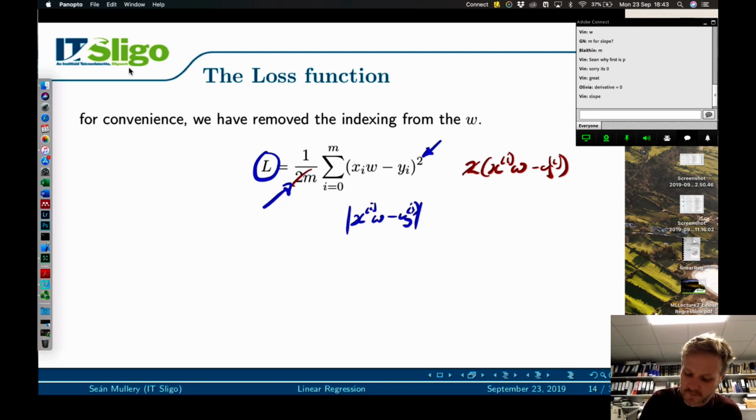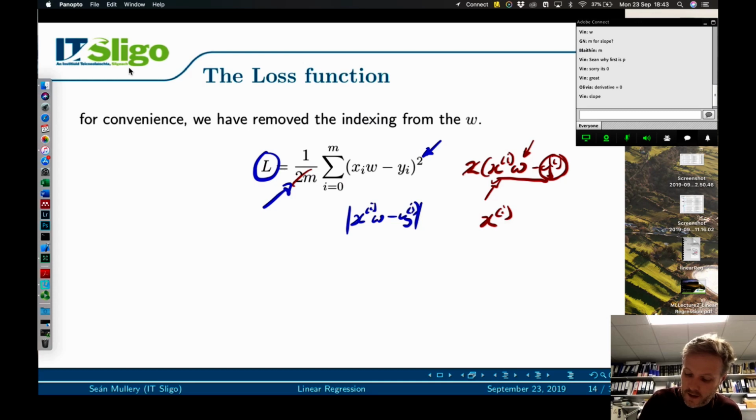The next thing is we have to get the derivative of what's inside the function, and there's only one part of this that's relevant, because we're getting the derivative with respect to w. This has no w part in it, so it's the same as a constant, but this one does, and therefore the result is going to be x_i.